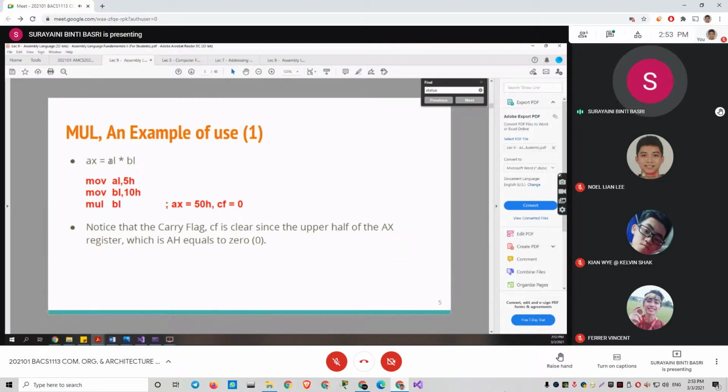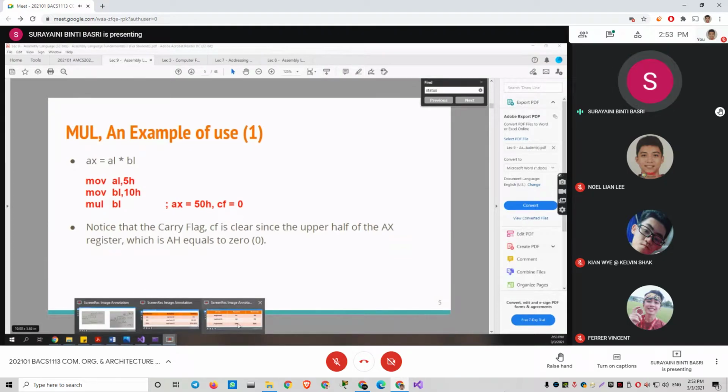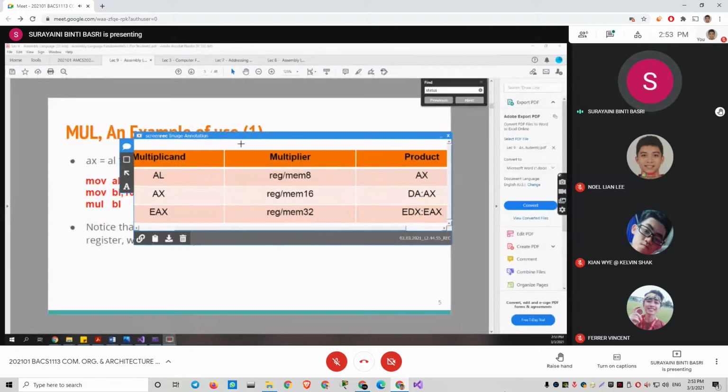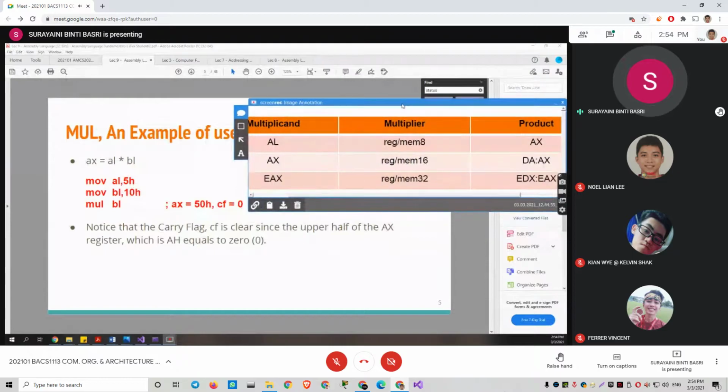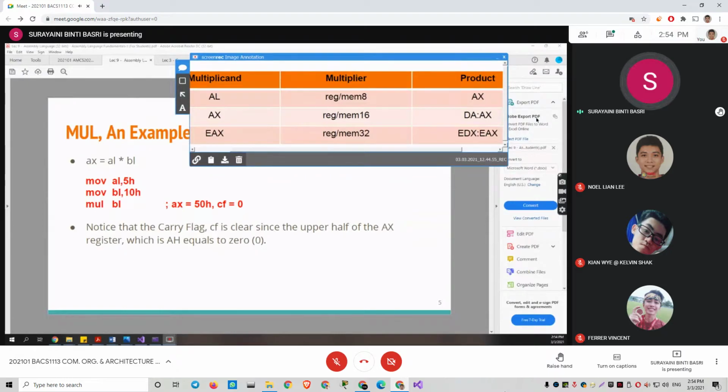So this is an example of multiplication of 8-bit numbers, as mentioned in the previous slide. This is the default rule. For 8-bit, the result of the multiplication will be stored in AX.